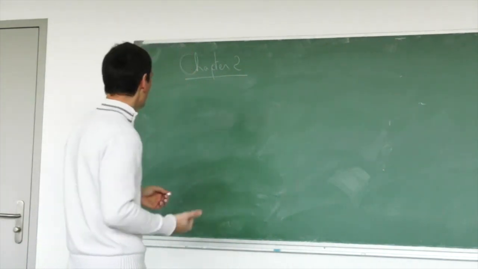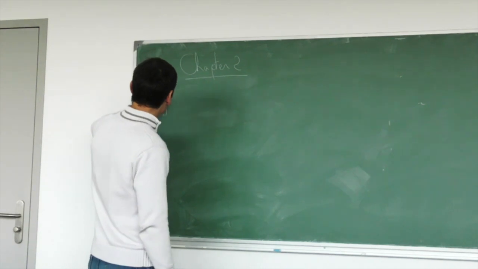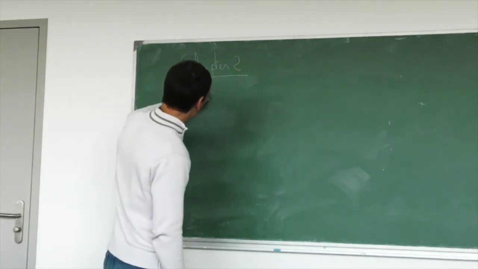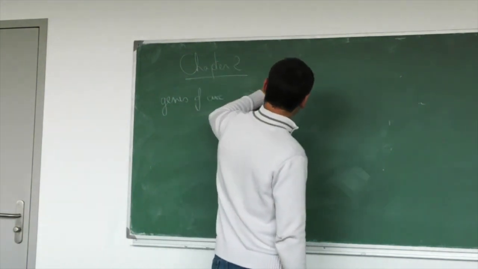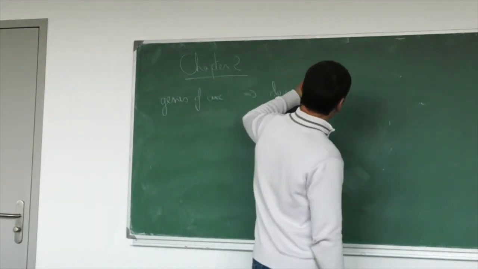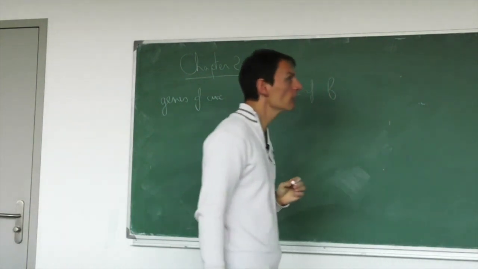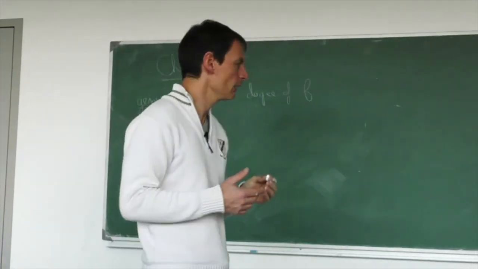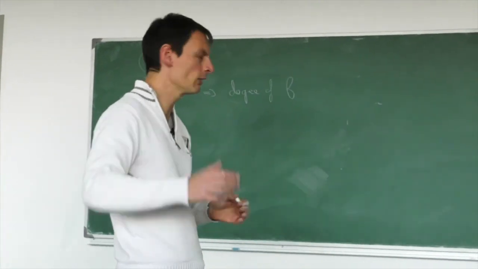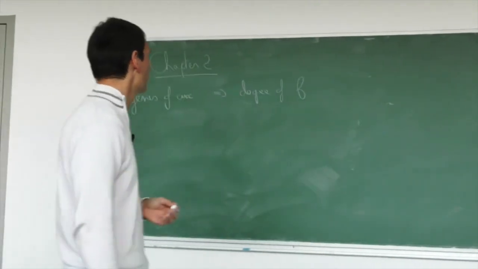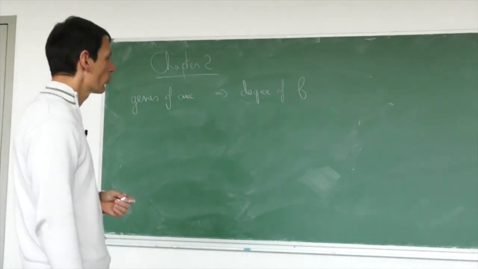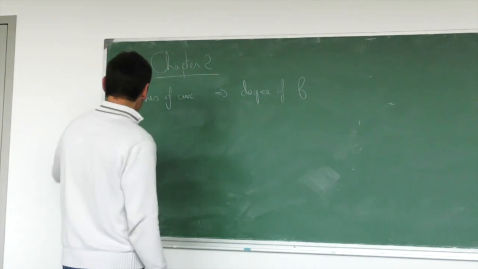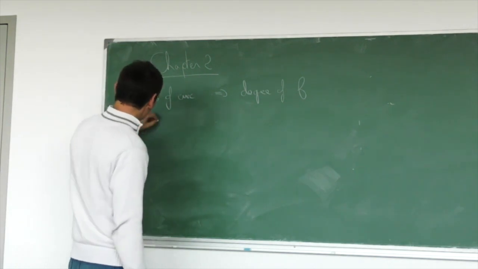I think it's quite clear. So we are going to replace the genus of a curve by the degree of f. The degree of a polynomial is the maximal degree of all the monomials that appear.